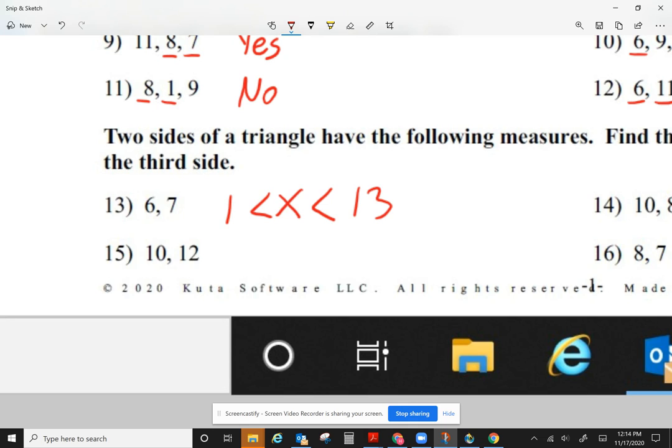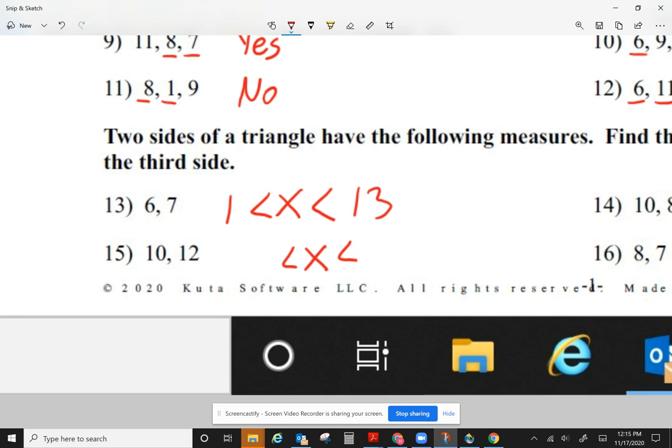Will I get positive 1 or negative 1? Keep in mind, we're talking about the length of the sides of a triangle. When we're talking about length, you must be talking about positive values. So make sure you go 7 minus 6. You're dealing with positive values, so not -1, +1.